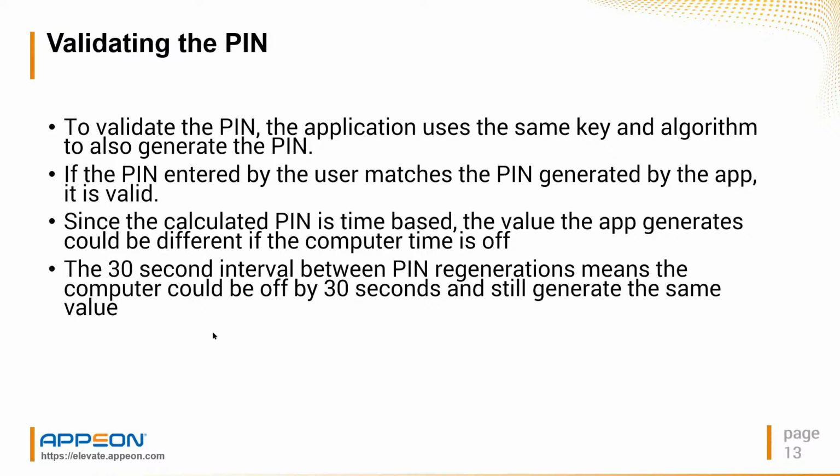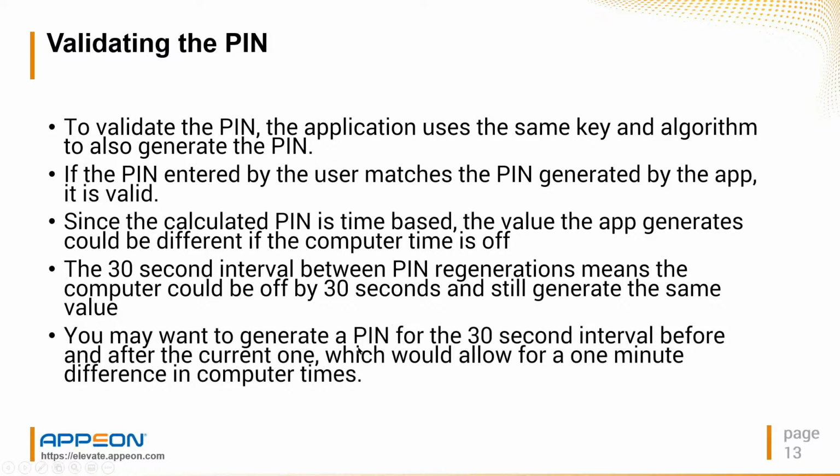What that means is that if the user's got Google Authenticator on their phone and you're trying to validate the code that it's producing in your app running on their computer, both of those have to have the actual current time. If they're off by 30 seconds, then you're likely to get different PIN values because they'll end up in different 30-second intervals, and as a result, generate different PIN values.